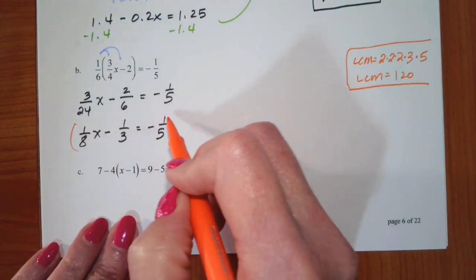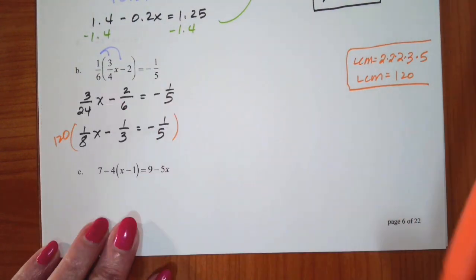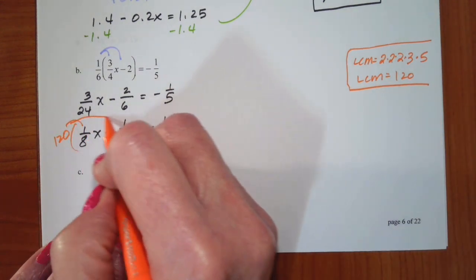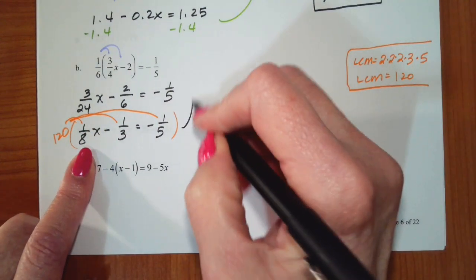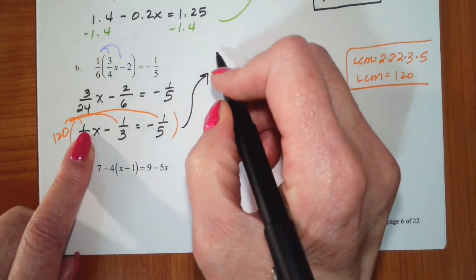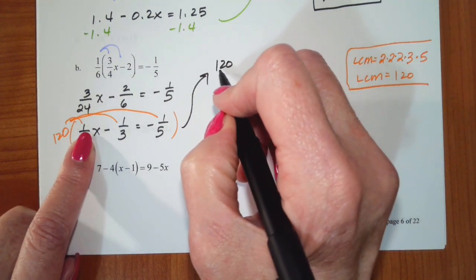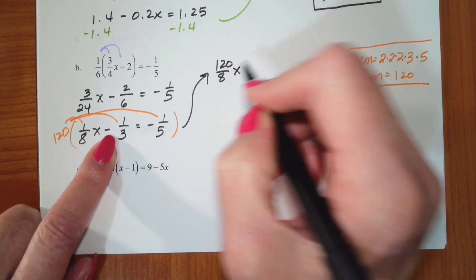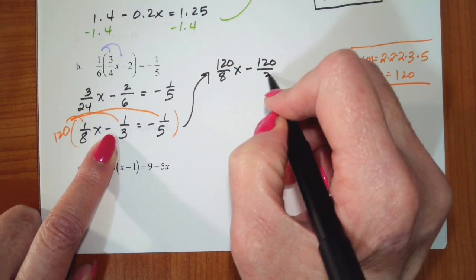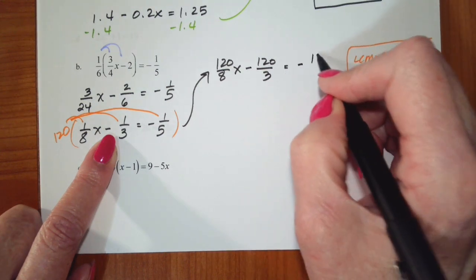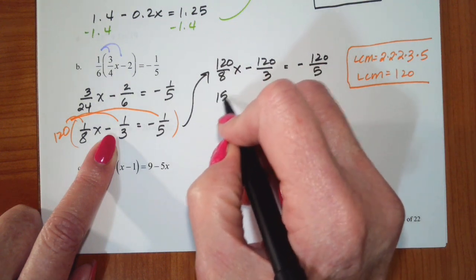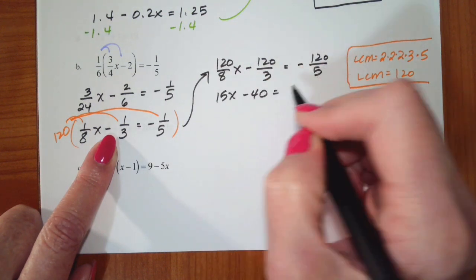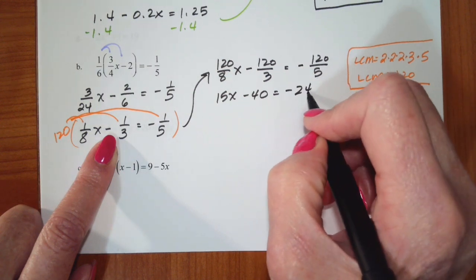So that means I'm going to multiply this entire equation by 120, each of these by 120. So this gives me 120 over 8x minus 120 over 3 is equal to negative 120 over 5. That gives me 15x minus 40 is equal to negative 24.